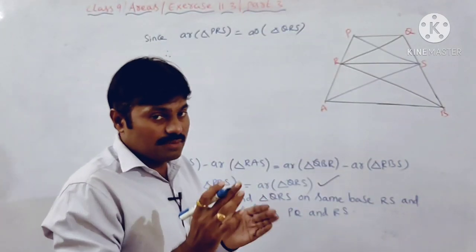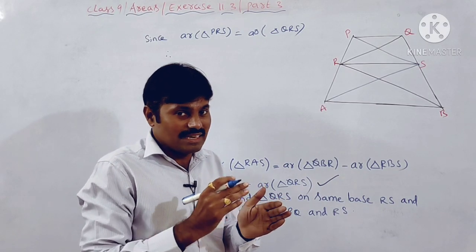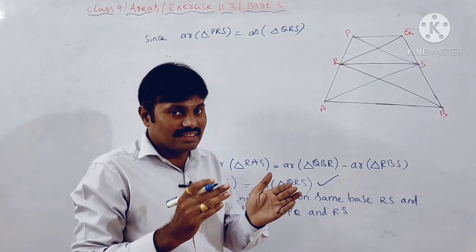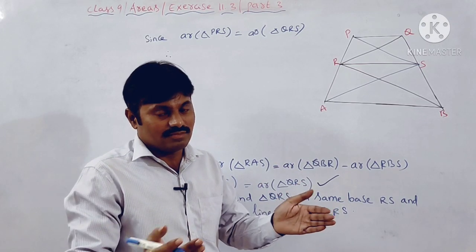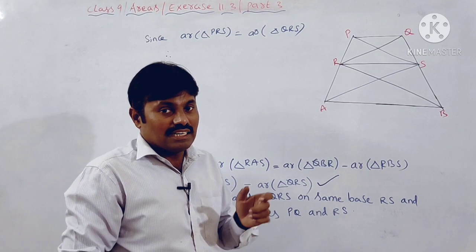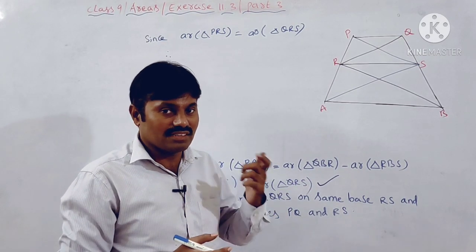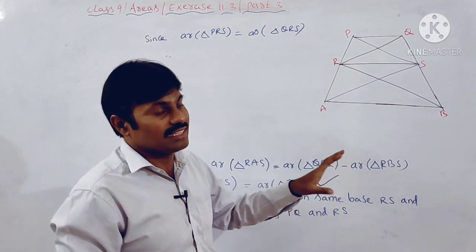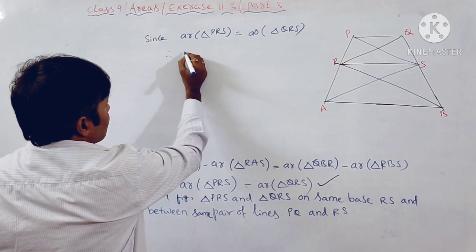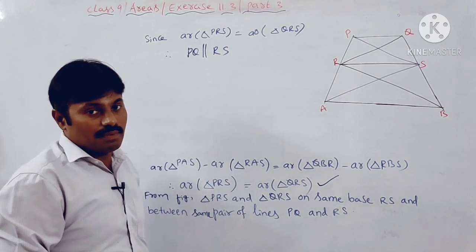Therefore, the converse of that statement: actually, if two triangles are on the same base and between the same parallels, then they are equal in area. The converse is, if two triangles having equal area are on the same base and between a pair of lines, then those two lines are parallel to each other. So based on that we can write here PQ is parallel to RS.